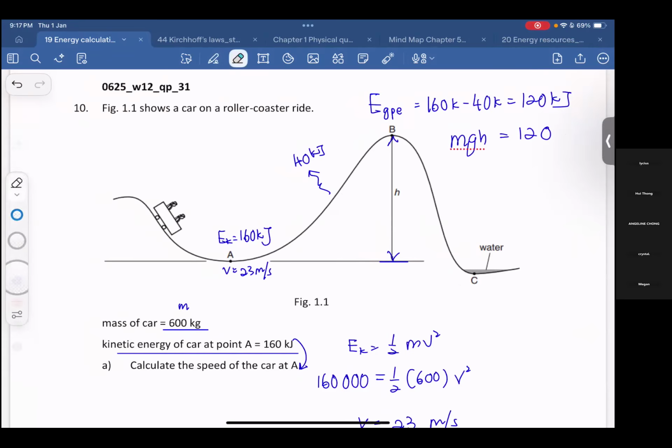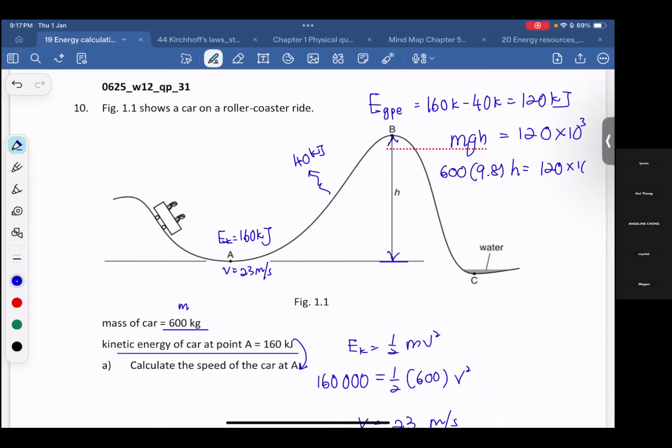Kilo is times 10 to the power of 3. Don't forget the prefix. Not just putting the value, but you have to know the prefix. Mass here is 600 kg times 9.8 times the height equals 120 times 10 to the power of 3. So your height, if you do it correctly, my answer here is 20 meter.